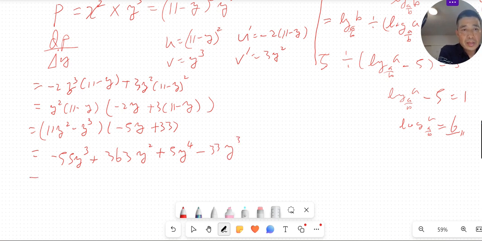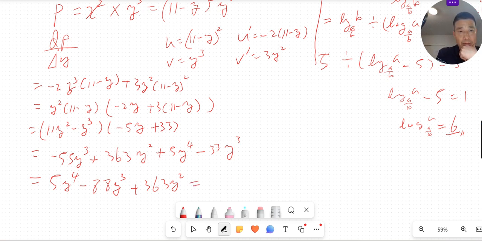I'm going to simplify this. So 5y to the power of 4 first, and then between these two, it's minus 88y cubed, and then plus 363y squared, right?